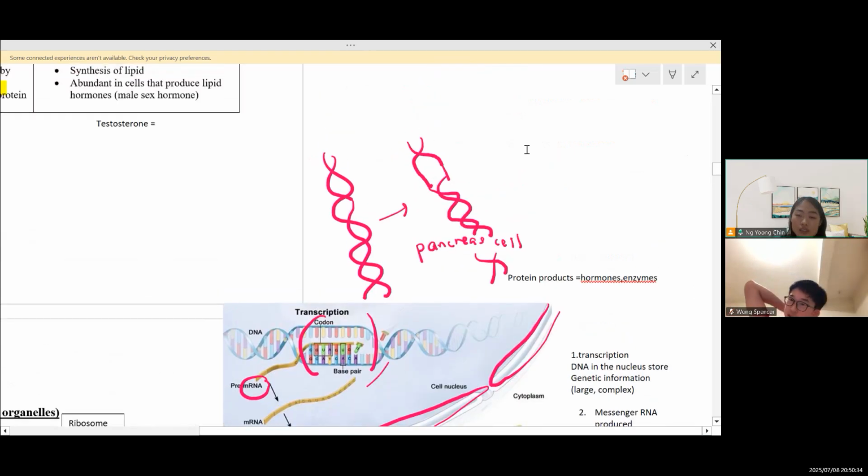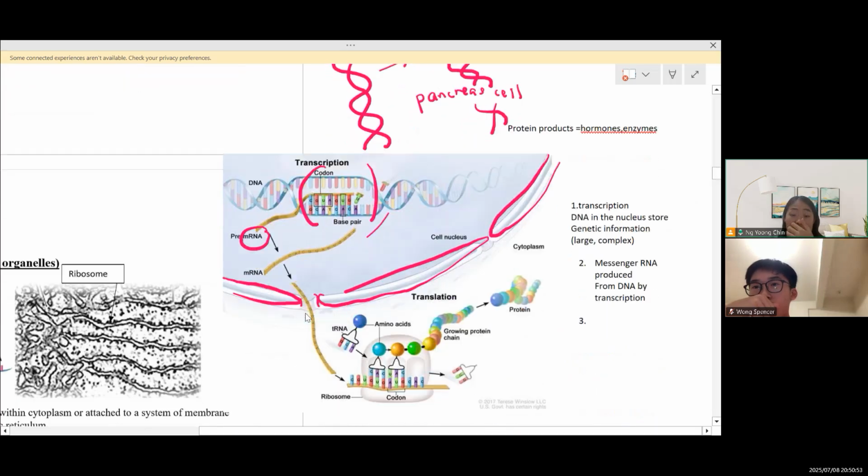Only after they open this certain region, the genetic information found within these regions will be copied by the messenger RNA. So the messenger RNA will go out, like in this picture.